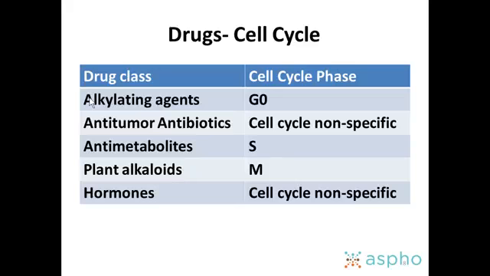Similarly, the mitotic spindles occur during chromosomal separation during the mitotic phase, and that's where vincristine, the Vinca alkaloids and other spindle inhibitors like the taxanes work. Hormones are also non-cell cycle specific, and this is basically glucocorticoids, which we use a lot in the treatment of leukemia.